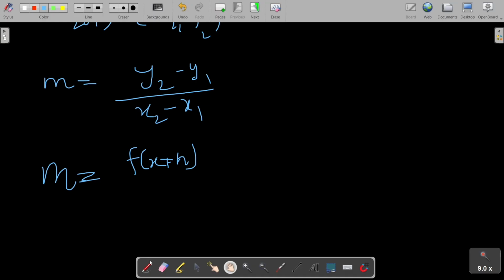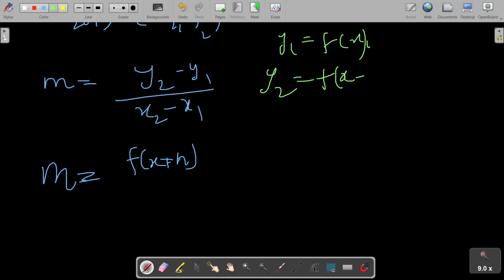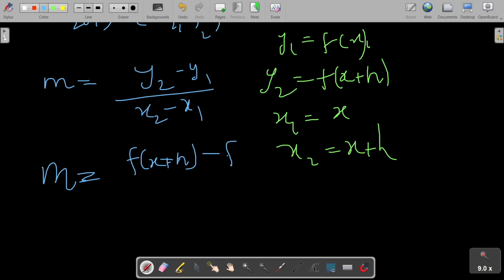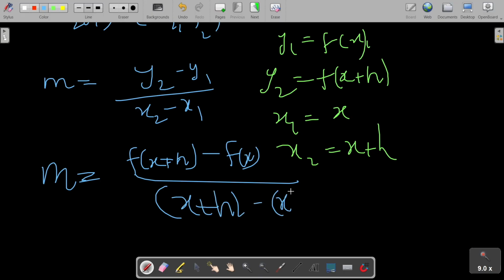Let me write down those things here. y1 is f of x and y2 is f of x plus h, and x1 is x, x2 is x plus h. So I'm going to substitute these values right here: f of x plus h minus f of x over x plus h minus x.